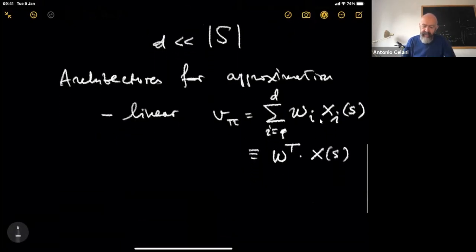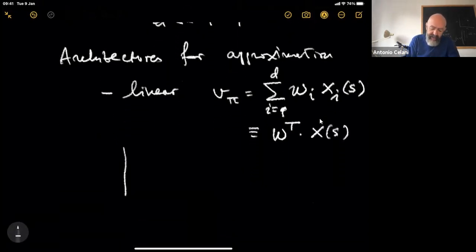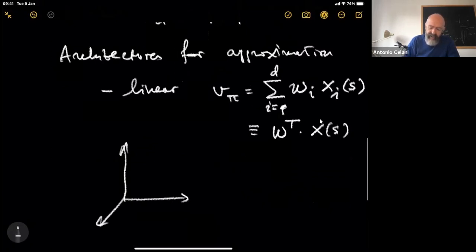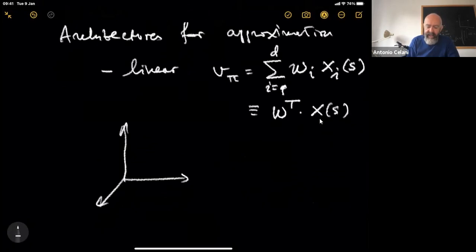What does that mean? Well, it means that suppose that here I have my high dimensional space of states. Okay, so this is the coordinate for the value in state 1. This is the coordinate for the value in state 2. This is the coordinate for the value in state 3. And then there are many, many other dimensions which I'm not able to draw, of course. What this linear approximation is doing is that, in fact, it's trying to represent every value.